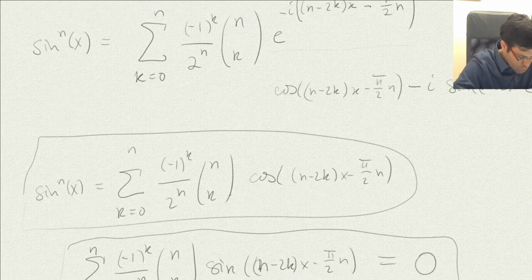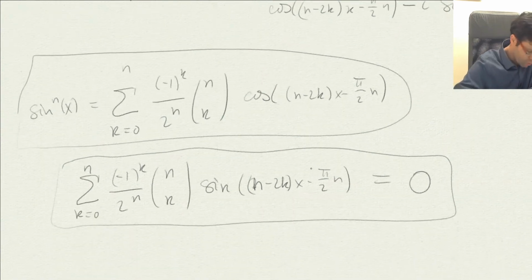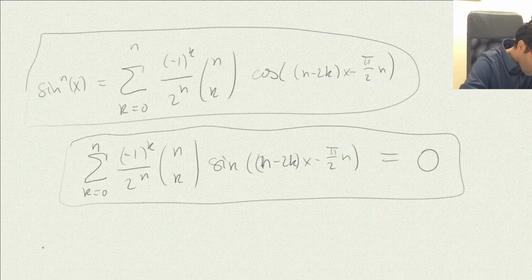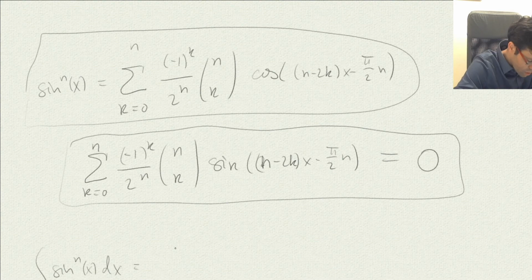So now if we wish to integrate, then integrating this is an easy task. Let me write this integral: for every n we have expressed this. So the integral of sine to the power of n x dx becomes this sum.